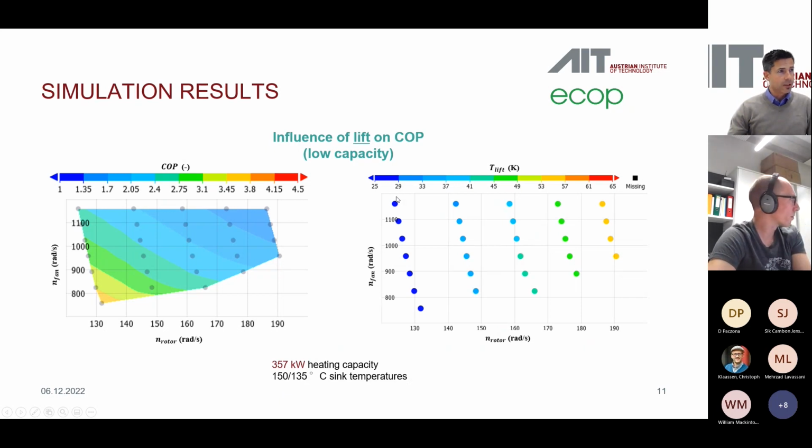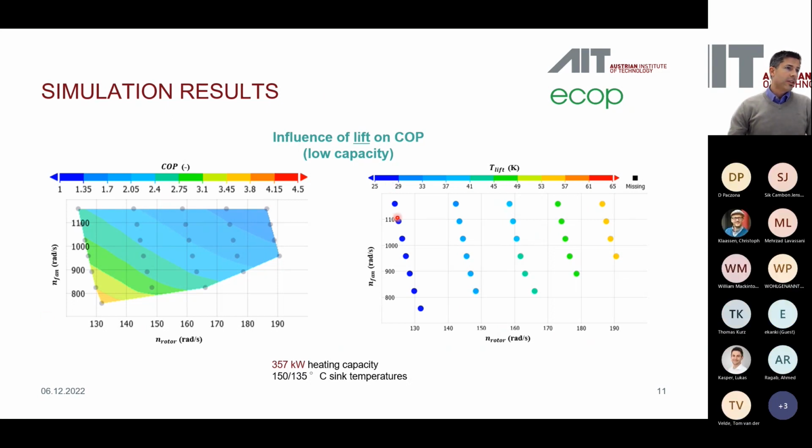On the right side, you see now these different lifts. I will go to laser pointing because it's easier. So all these points had the same lift of about 25 or 29 Kelvin, and the highest lift was then on the right side with about 55 Kelvin. And you see on this axis what to change.